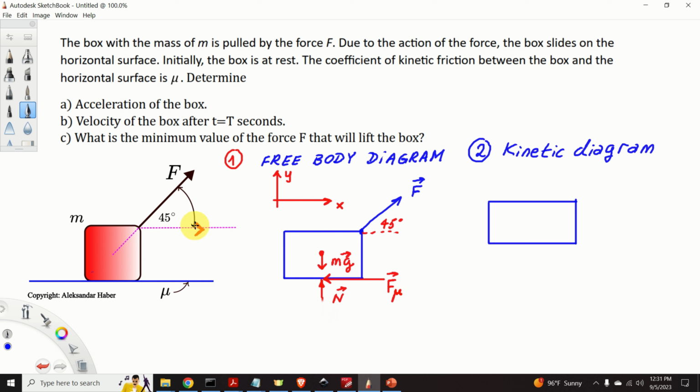Namely, due to this horizontal component of the force, the box will move in the right direction. And consequently, ma is the so-called inertial term, where a is the acceleration vector. Perfect.